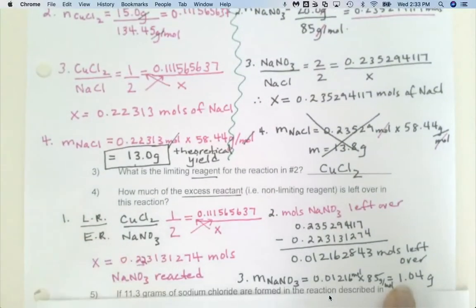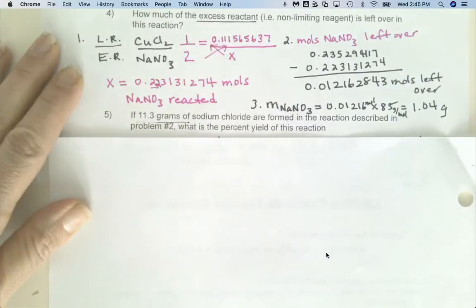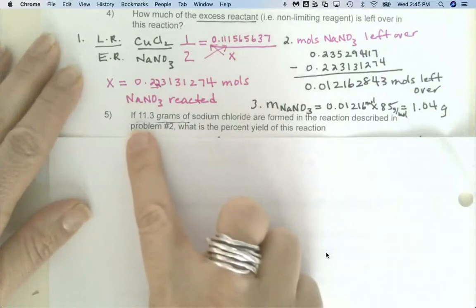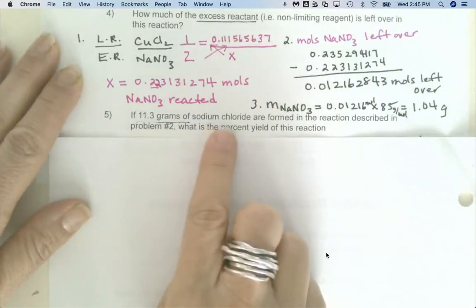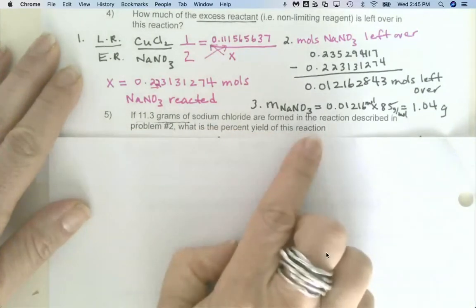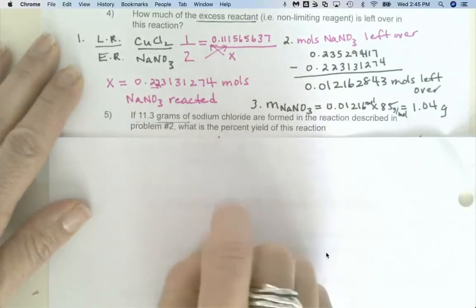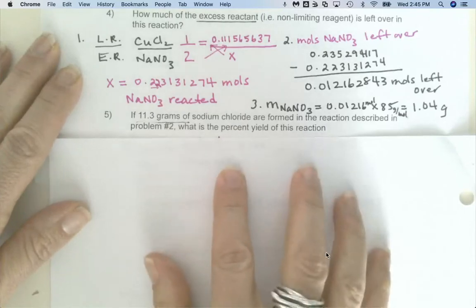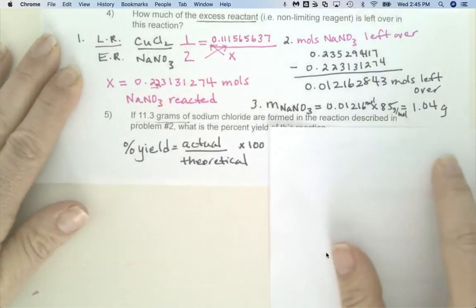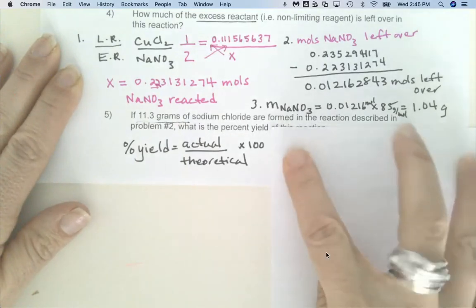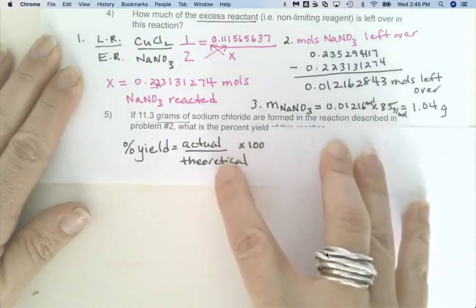In the last part of this question, what they're asking us to do is to calculate the percent yield for a reaction. They give you 11.3 grams of sodium chloride is formed in the reaction. So that's your experimental value, or considered your actual value. And what is the percent? Recall that in order to calculate percent yield, you need to have the actual yield, which is your experimental value, all over your theoretical yield.